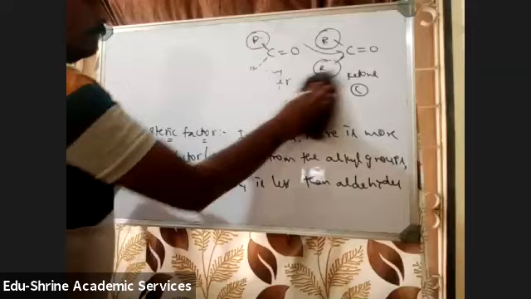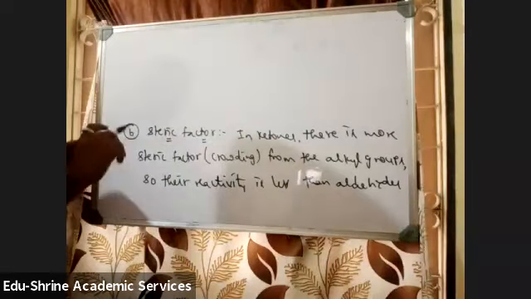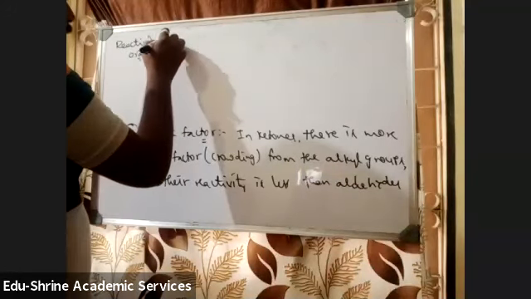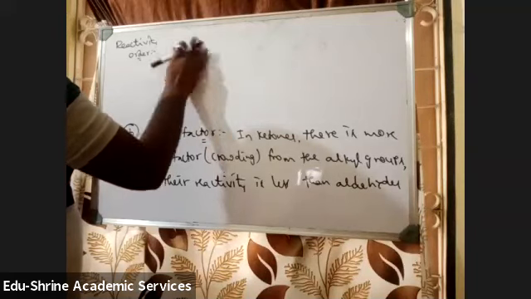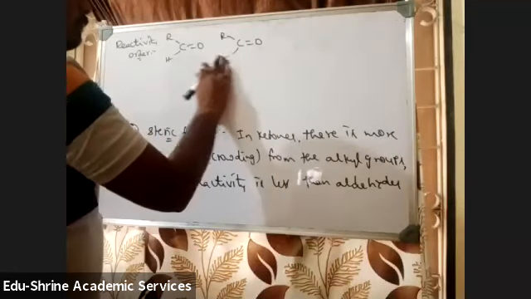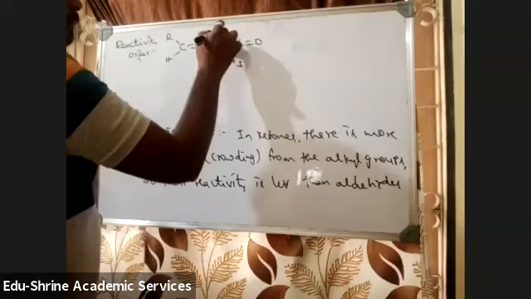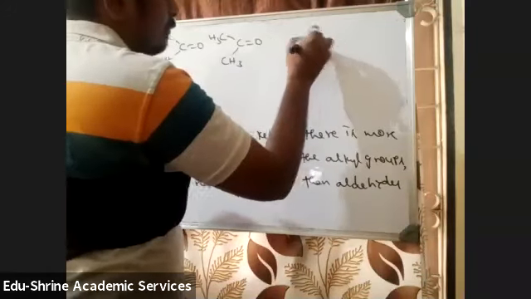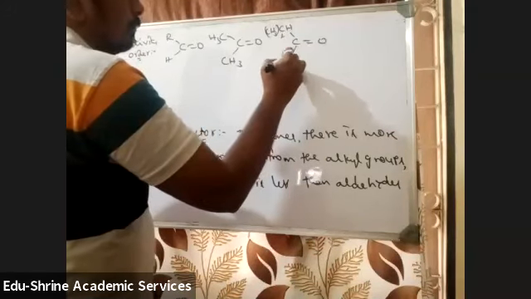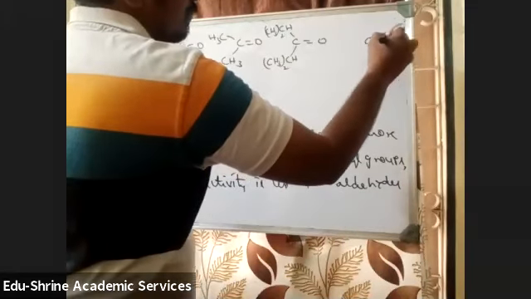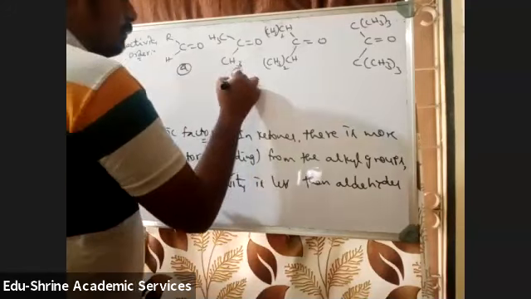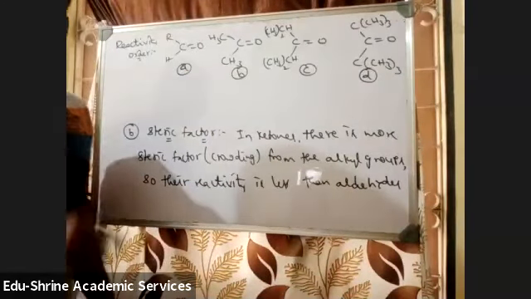If I give some compounds, what will be the order of reactivity of these four compounds?